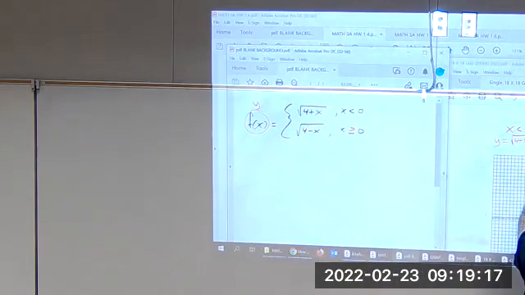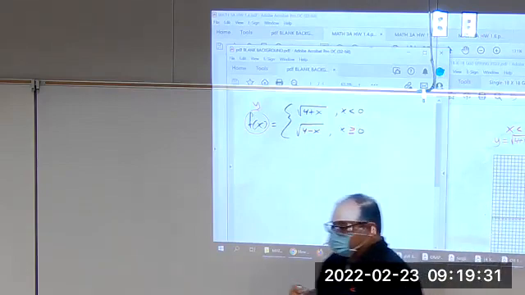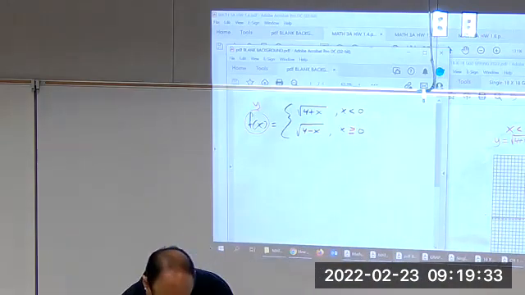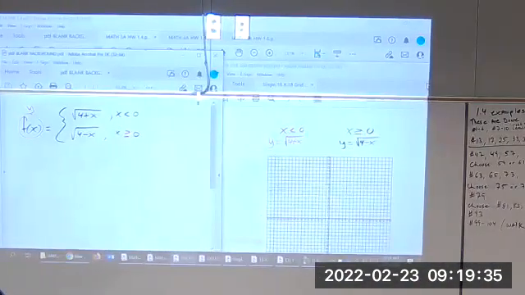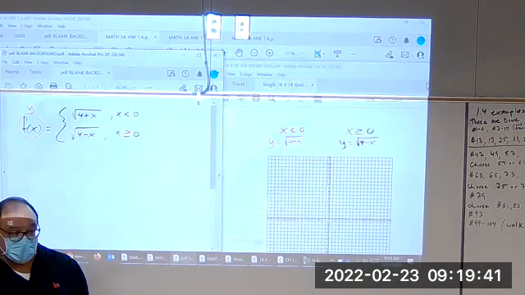And over on this side, when you have x's that are greater than or equal to 0, I'm supposed to use y equals the square root of 4 minus an x. Left side, right side, one side at a time. So I'm going to go ahead and do the left side first.